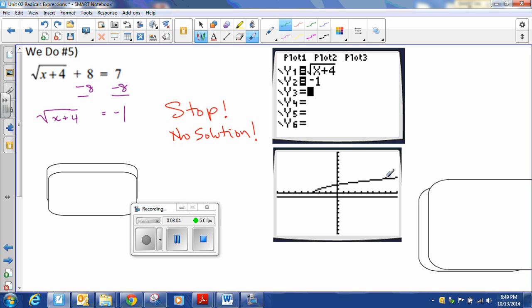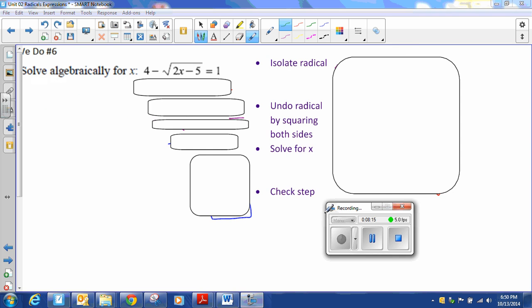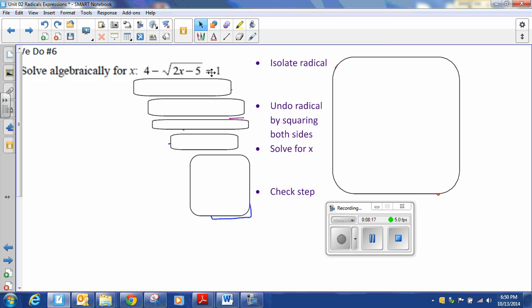As you can see, it stops here on the x-axis, never intersecting the line below, and therefore there's no solution.